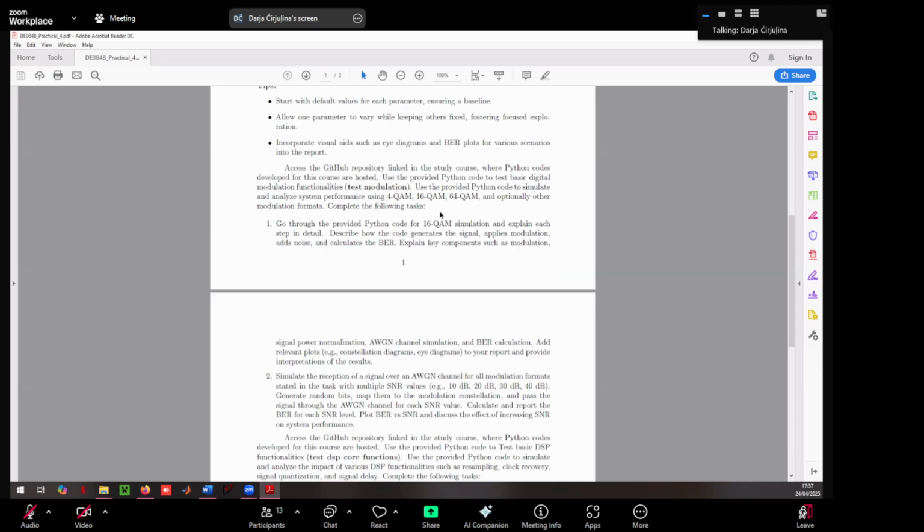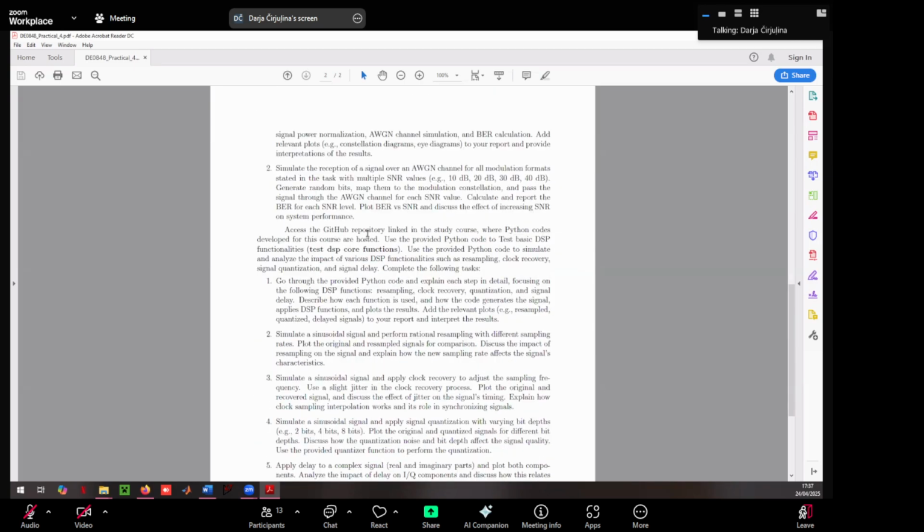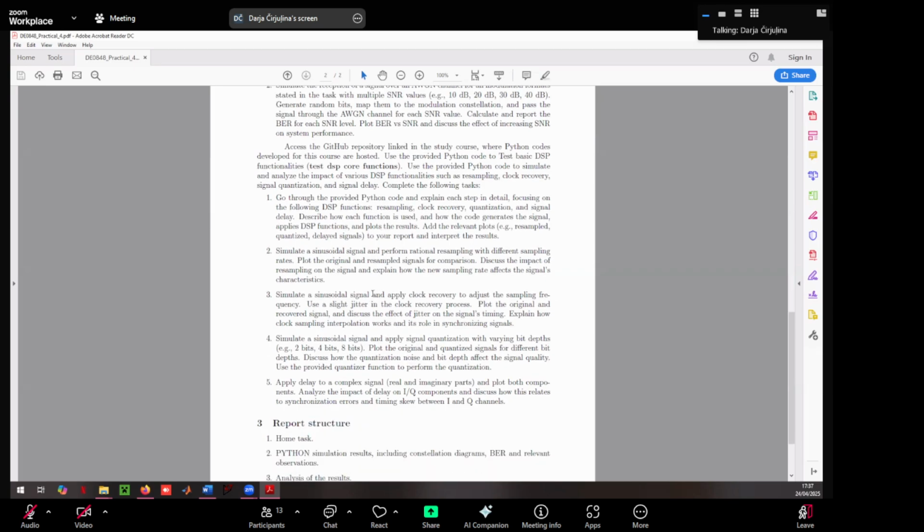With the first one, you will be able to see and modulate modulations like 4 QAM, 16 QAM, and 64 QAM. And in the second part, you will dive into some DSP functions that are usually used in such systems to process signals after they're received.